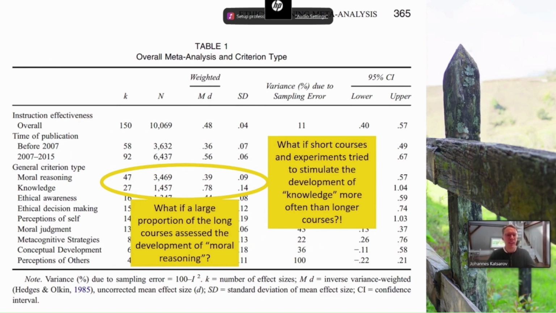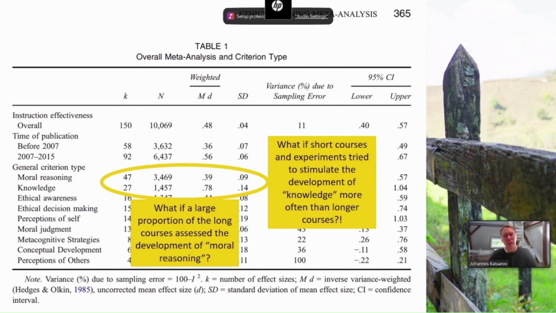And what we see here is, on average, all of the courses in the sample that they had in their study only achieved 0.39 standard effect size in the development of moral reasoning, but almost twice the amount, or exactly twice the amount, in terms of gains for knowledge. The question here is, what if a large proportion of the long courses assess the development of moral reasoning?